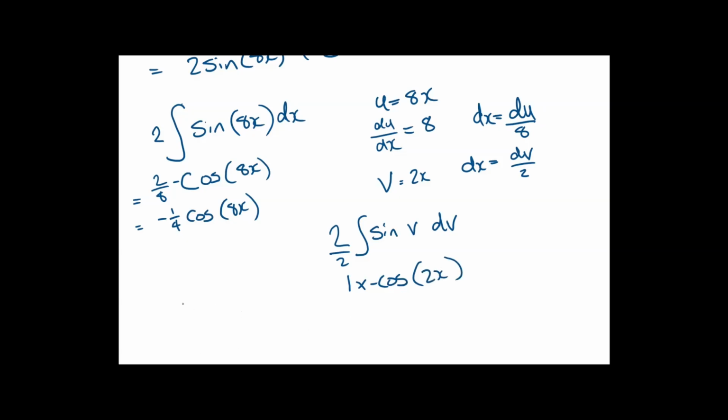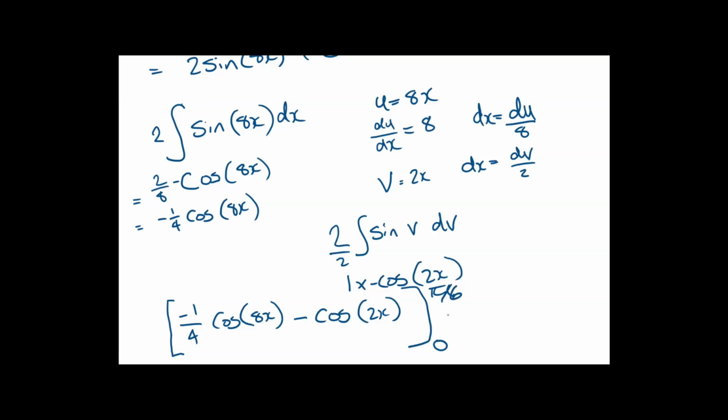So now we have something we can work with. We have minus 1 over 4 cos of 8x minus cosine of 2x, and we want all of that between 0 and pi over 6.